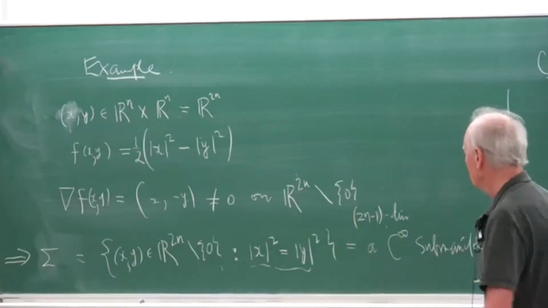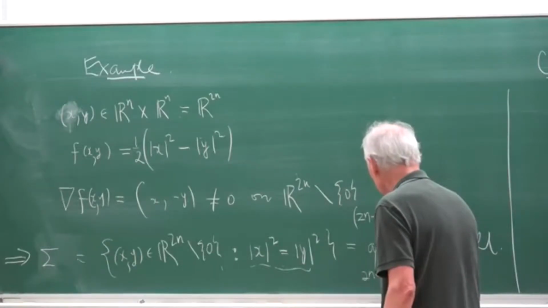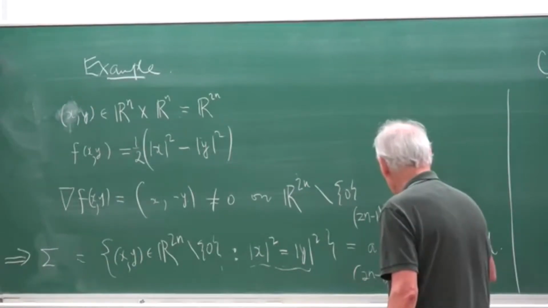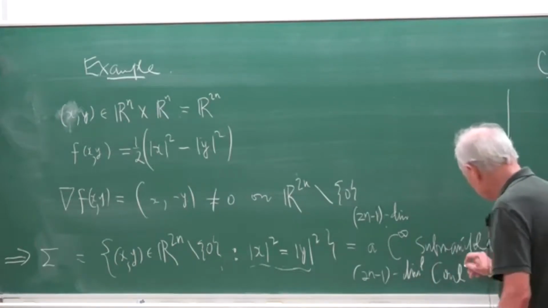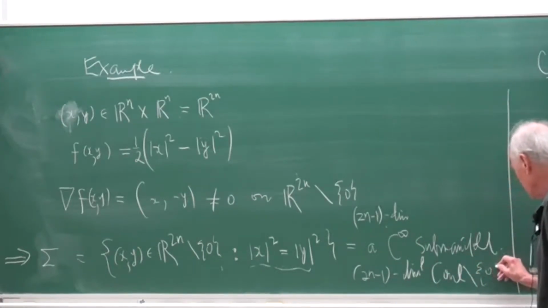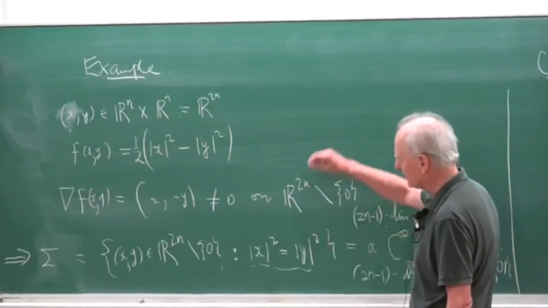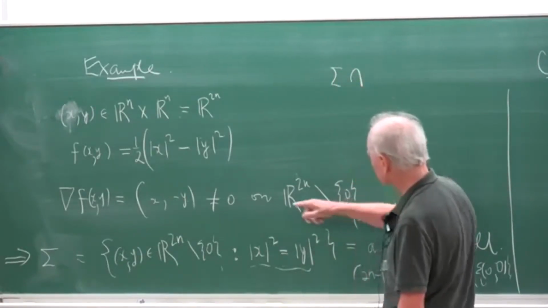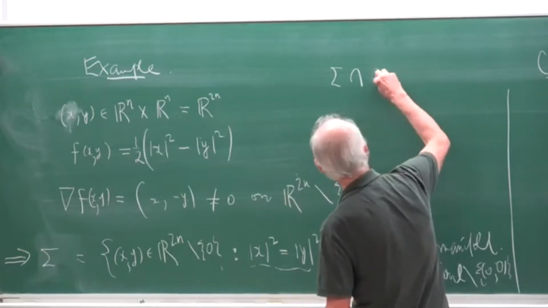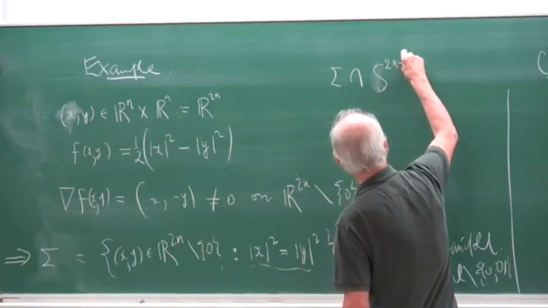It's a (2n-1)-dimensional cone, leaving out the origin, of course, because remember the origin is the place where the gradient is 0. And let's see if we can work out how sigma intersects the sphere. We're in R^(2n), so we're intersecting with the (2n-1)-dimensional sphere.